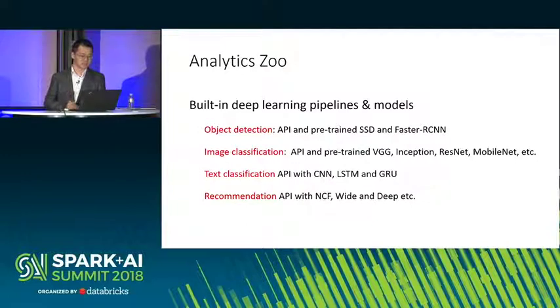Similarly, for image classification, we support nearly a dozen different models, especially popular ones like VGG, Inception, and ResNet. And for text classification and recommendation, we provide APIs that can help users adapt slightly according to their scenario and try deep learning models, such as Wide and Deep and neural collaborative filtering for recommendation.